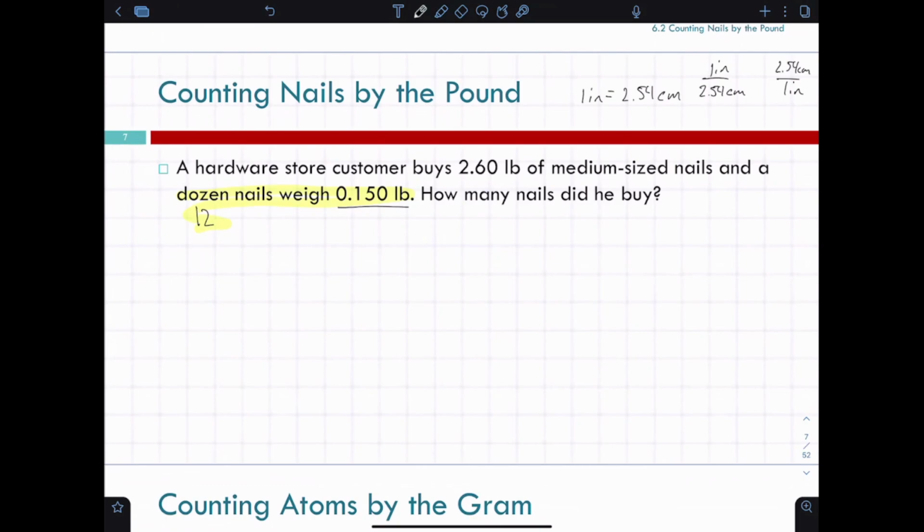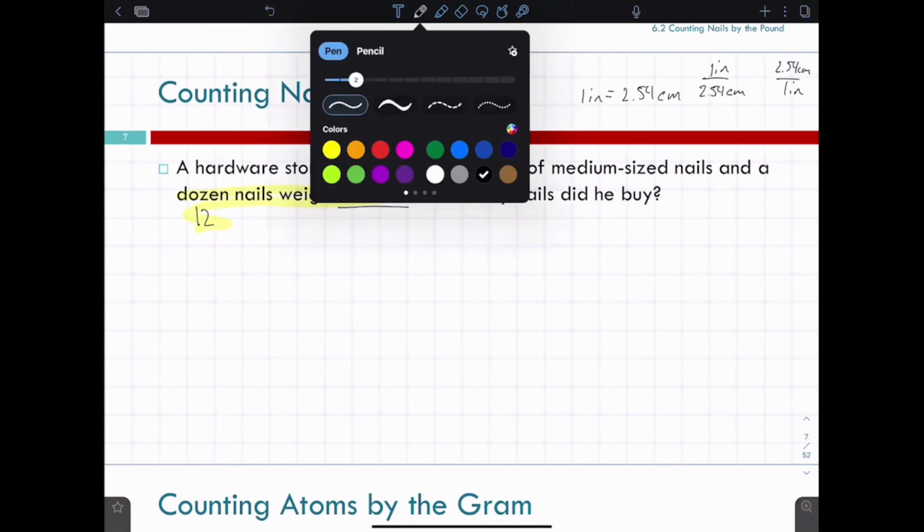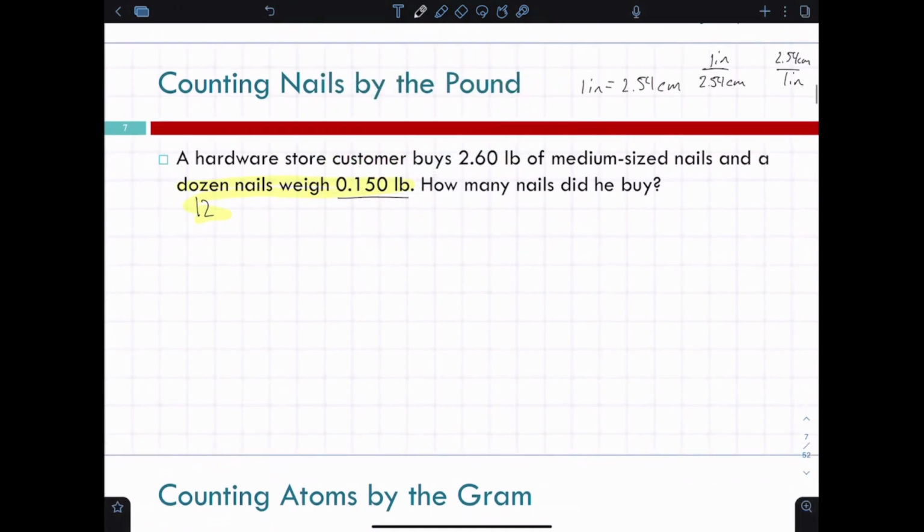So we can use it as a conversion factor to convert between inches and centimeters. So the same thing here. We could say 12 nails equals 0.150 pounds. And this is why unit analysis is so powerful.